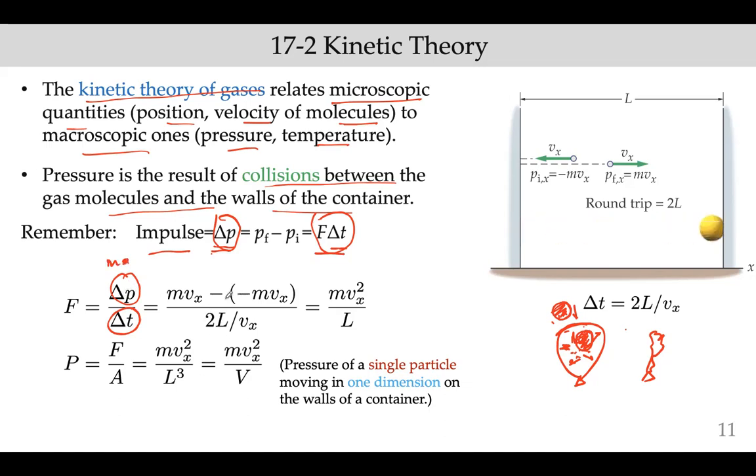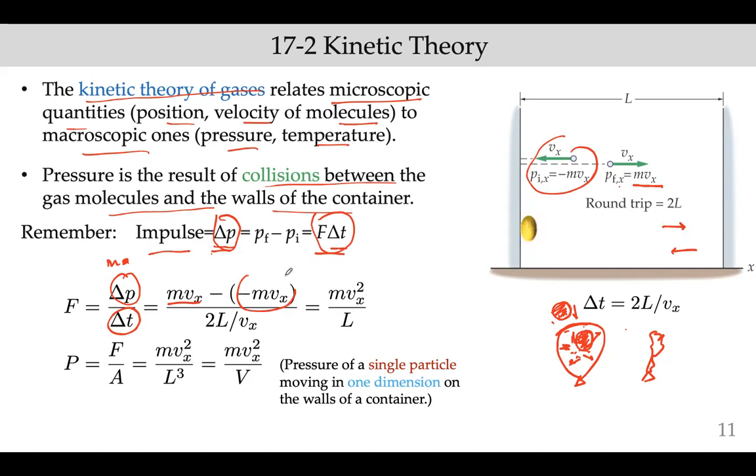And delta p, the change in momentum, is the final momentum minus the initial momentum. Initially the particle had momentum mvx, in the x direction. Now after it bounces back, the momentum becomes negative mvx, right? So initially it has mvx momentum, and if it bounces back, the amount is the same, but the direction changed.